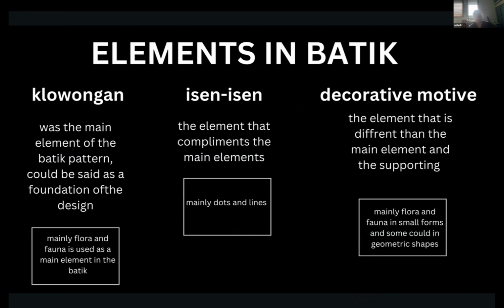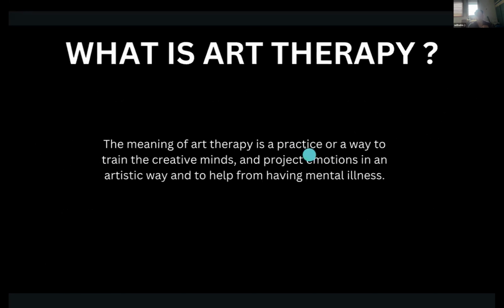Isen is the supporting act of the Klawangan, mainly from fine or thick dots or lines. The decorative motif is different from Isen and Klawangan, but is also mainly flora and fauna in small forms, and sometimes geometric shapes.